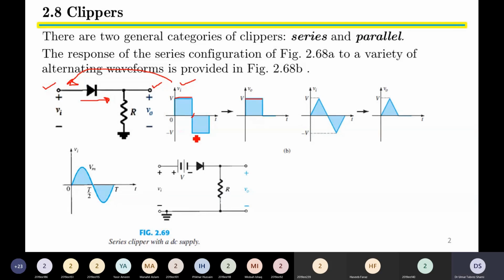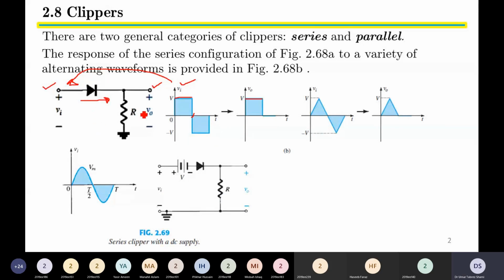However, for the remaining part of the signal, that is from pi to 2 pi or from T by 2 to time T, where we have minus V as the amplitude, this minus voltage will be blocked by the diode in the direction as shown.